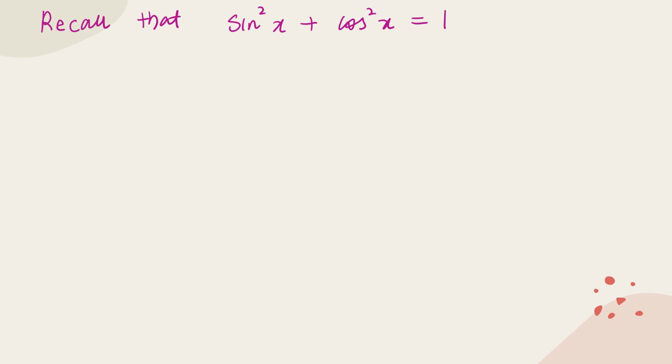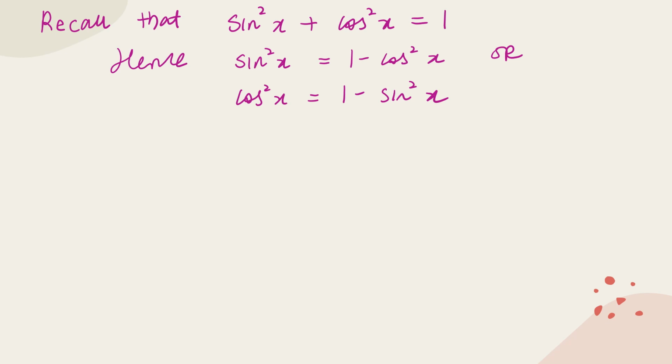The very popular one is sine squared x plus cos squared x equals 1. From there, we can find sine squared x to be 1 minus cos squared x, or you can find cos squared x, which equals 1 minus sine squared x. So what is the purpose of doing that? We shall see.